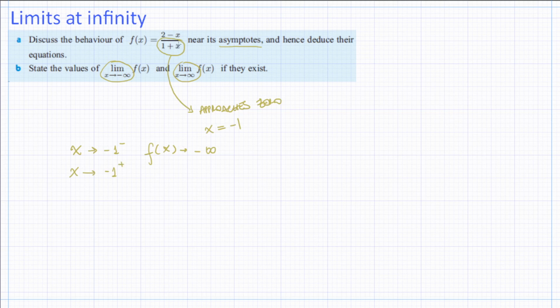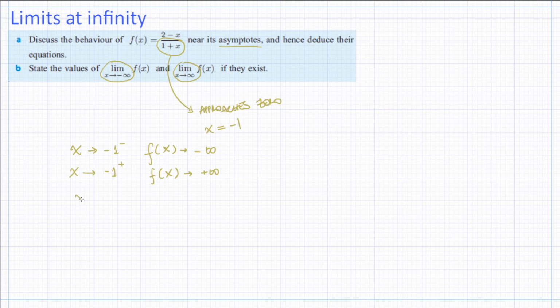This would be a very small but positive number, and the top would be close to 3 anyway. So a constant divided by a very, very small number that gets smaller and smaller, then we would have infinity as well. And in this case, since both of them are positive, I'm approaching positive infinity.